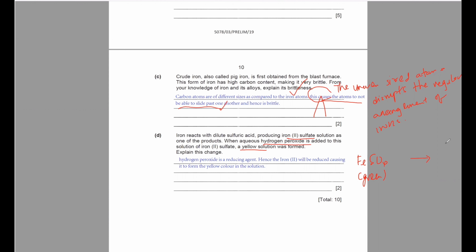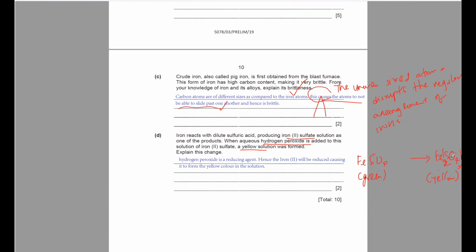Then for iron sulfate to turn into something yellow, I believe that yellow substance is iron 3 sulfate. Generally, iron 3 compounds are either brown or yellow, depending on concentration.